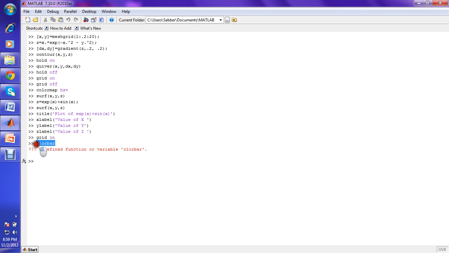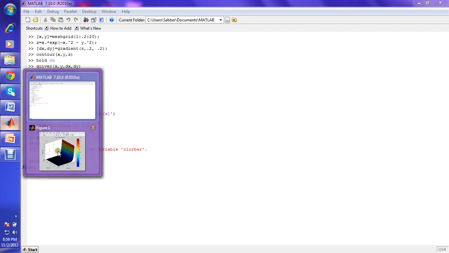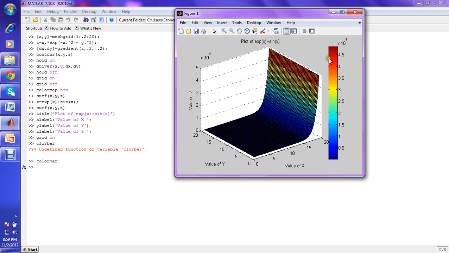Sorry, I made a mistake: colorbar, C-O-L-O-R-B-A-R. Okay, so this is the color bar, and it represents the G value, from 0 to 5 times 10 to the power 8.